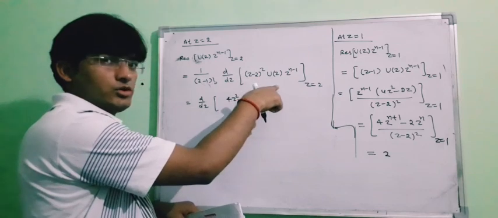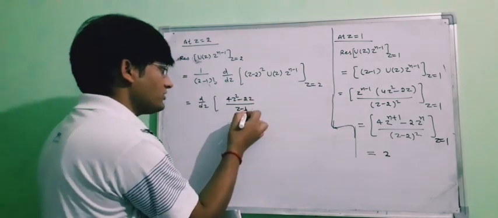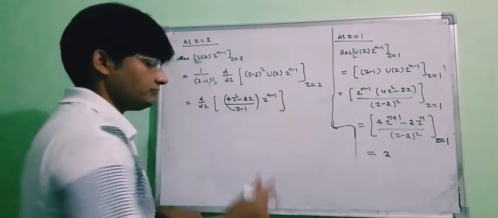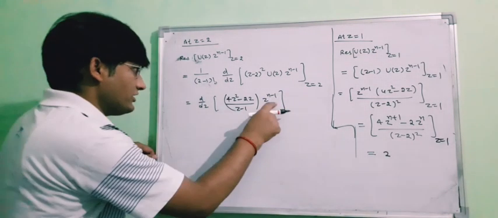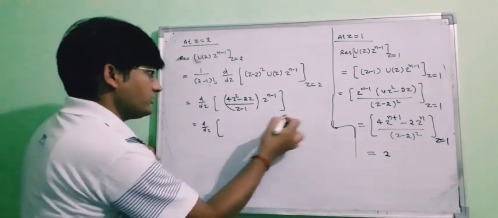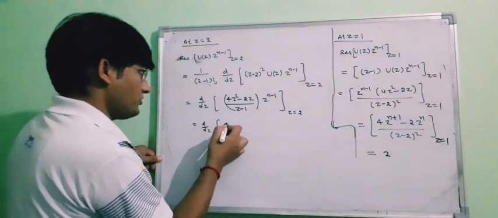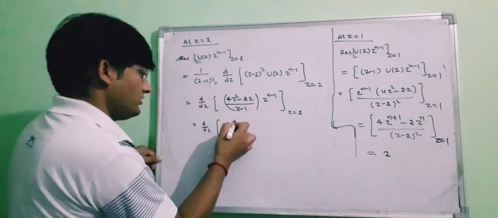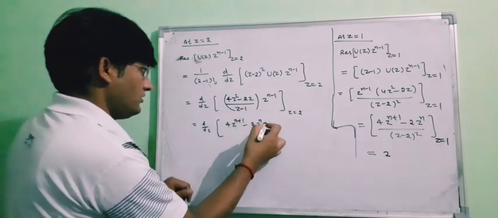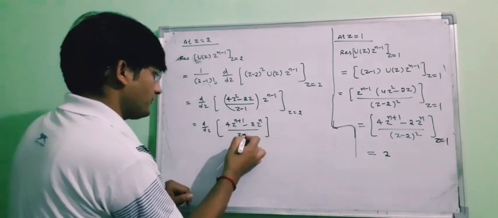So (z minus 2) whole square will get cancelled. So this is your z minus 1, and here we have z power n minus 1. Now if you multiply this by z power n minus 1 here, we will have (4 z power n plus 1 minus 2 z power n) divided by (z minus 1).